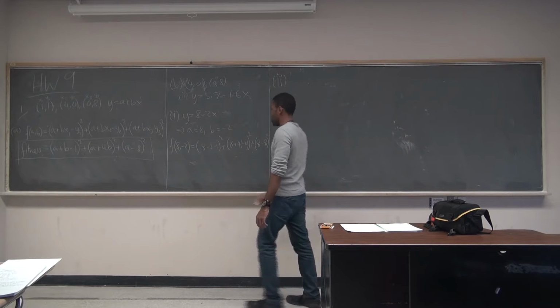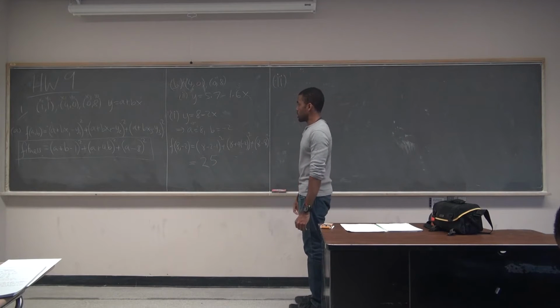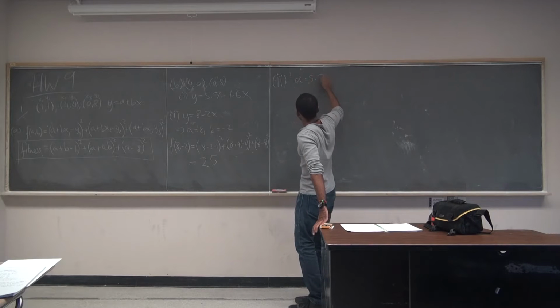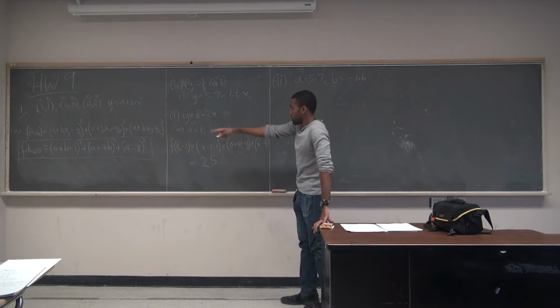And that gave you 25? Yes, exactly. And so then you do the other one. Here you set a equals 5.7 and b equals minus 1.6, and you plug those into that equation again.